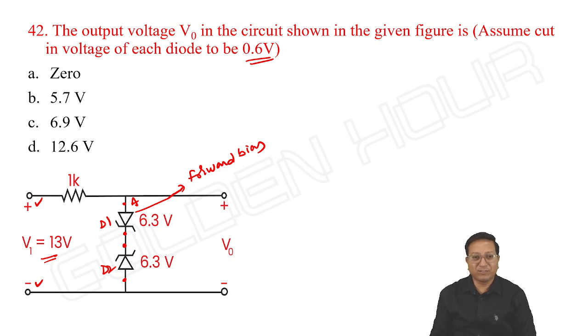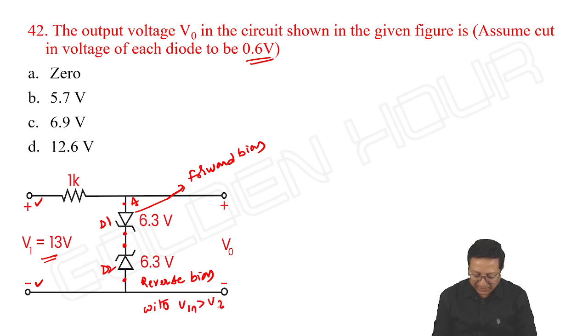So it is under a reverse bias, with input greater than Vz. What is our Vz? It is 6.3 volts breakdown voltage. So D2 is under breakdown, so GNR diode D2 is under GNR breakdown.